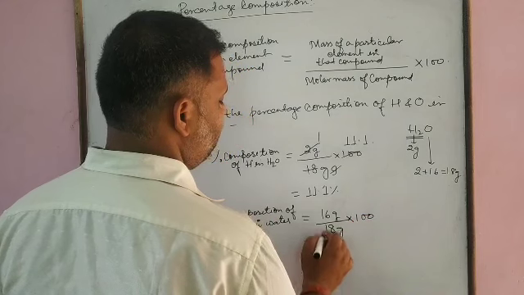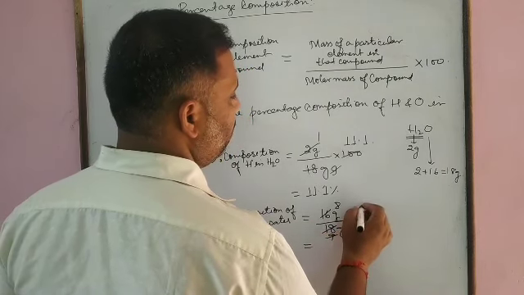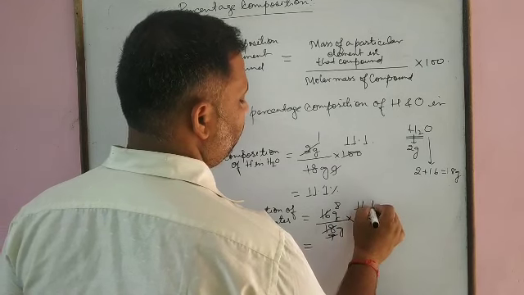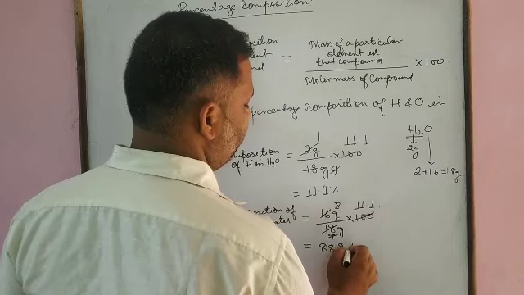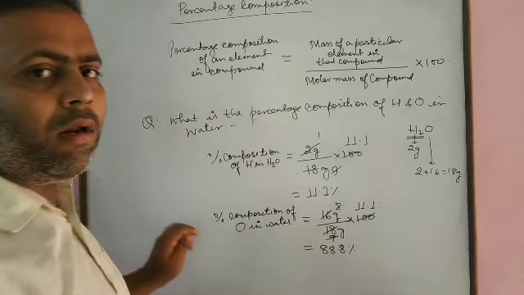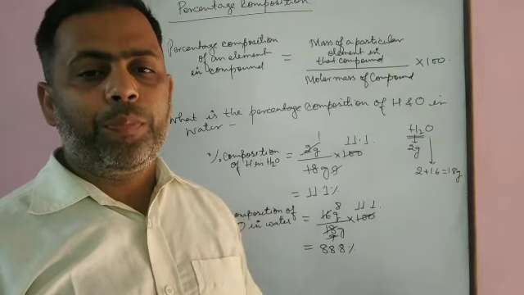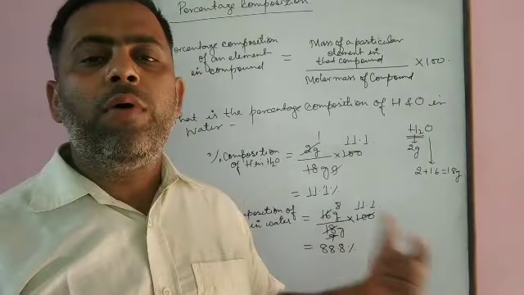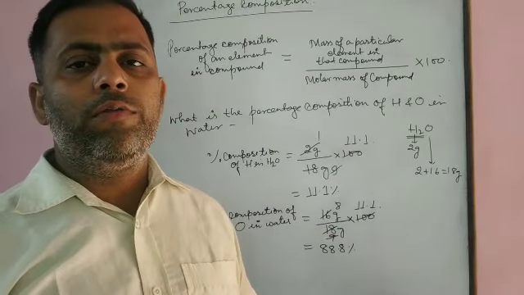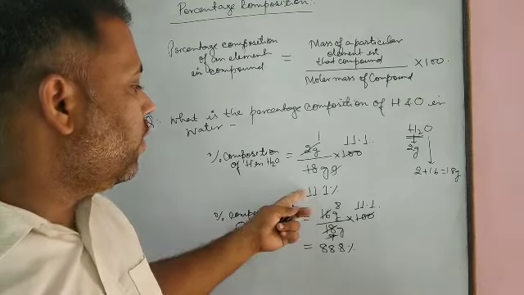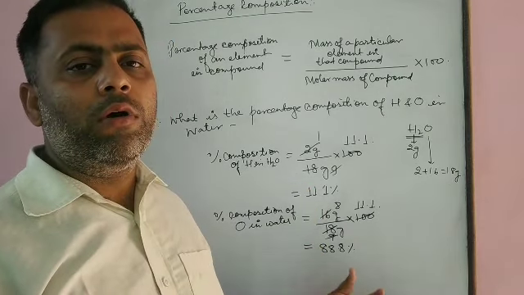What we got? 88.8%. Clear? As in this case, water contains only 2 elements. When we add up the percentage composition of these 2 elements, what we got? We got 100%. It means when we add up 11.1% and 88.8%, we got 100%.